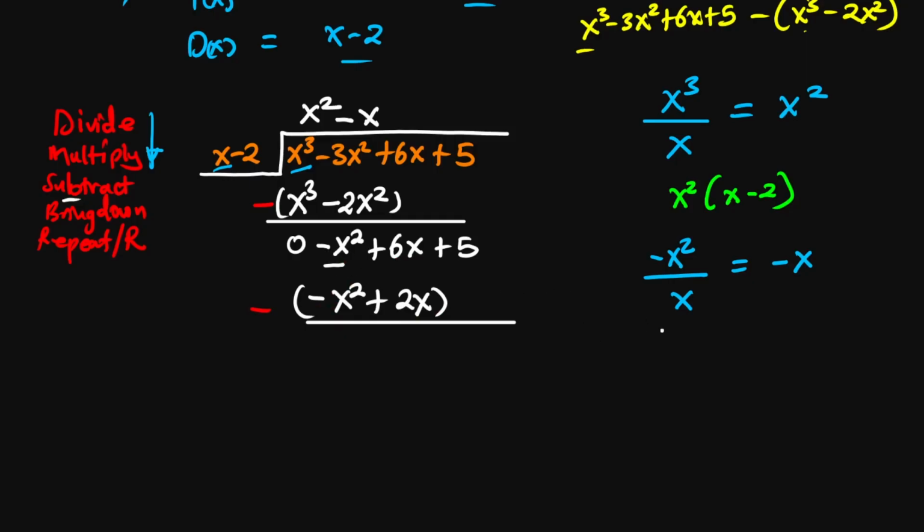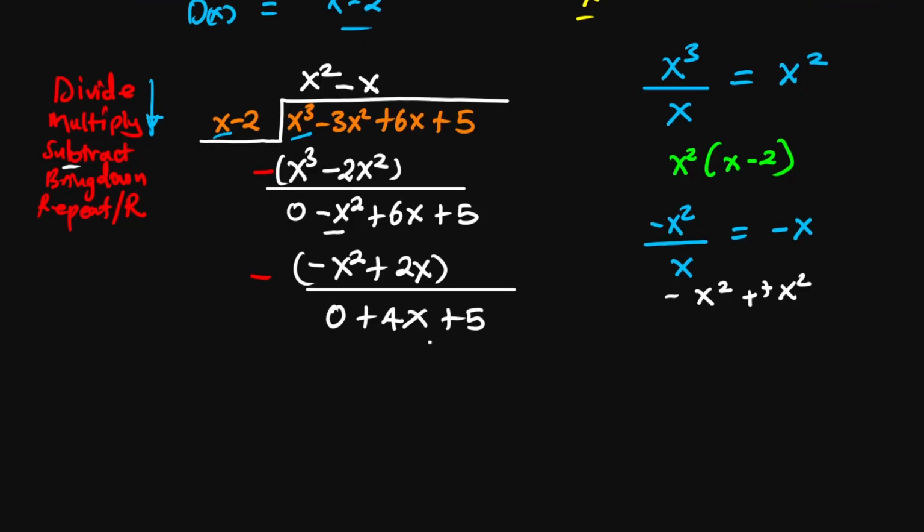Negative x squared minus negative x squared, this becomes a positive and they cancel out, so we remain with a 0, and 6x minus 2x, we get 4x, and 5 minus nothing because we don't have any constant here, we will have plus 5. So we have 4x plus 5 as our new dividend.